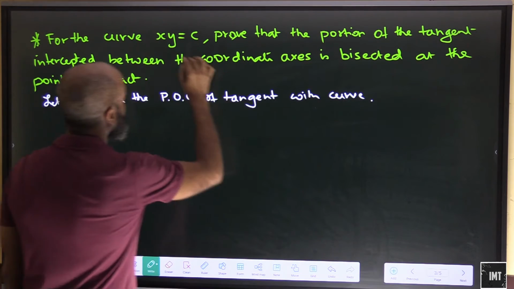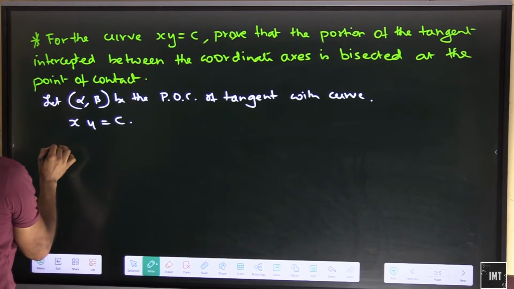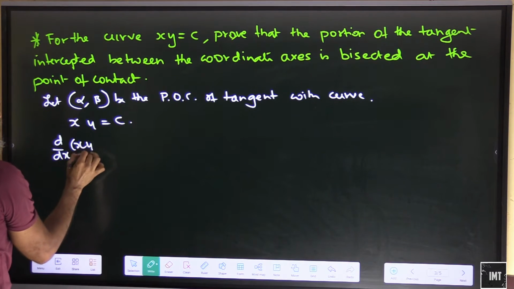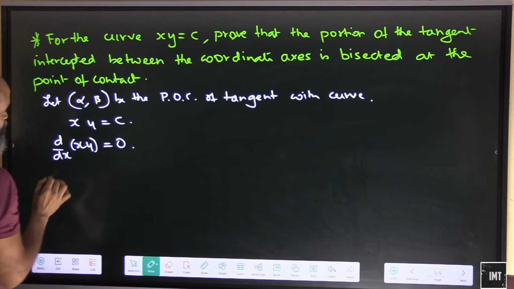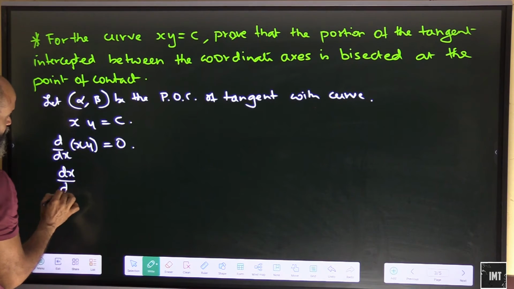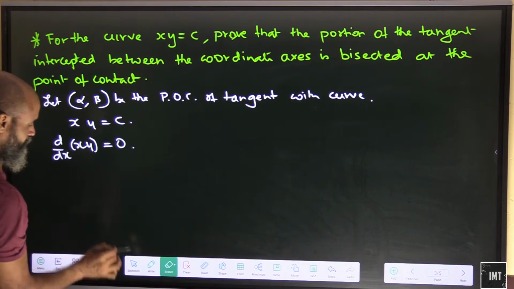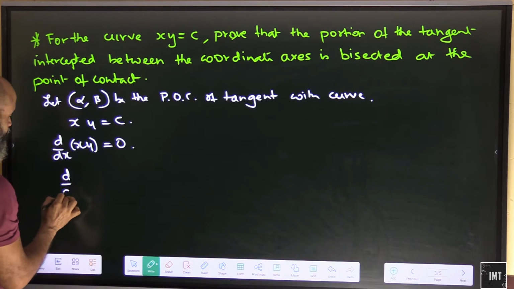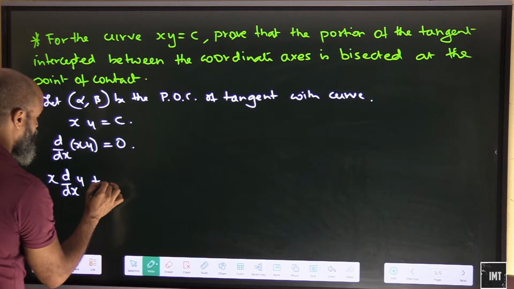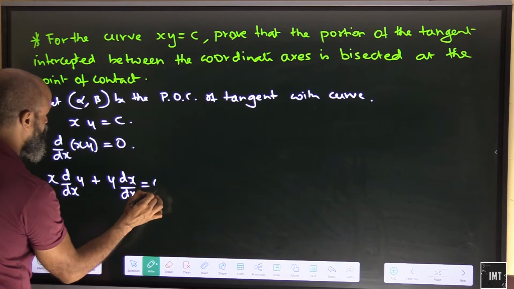Okay, so if we have xy equal to c, and we differentiate this with respect to x, d by dx of xy will obviously be equal to 0. So here we have d by dx of y times x plus y dx by dx is equal to 0.